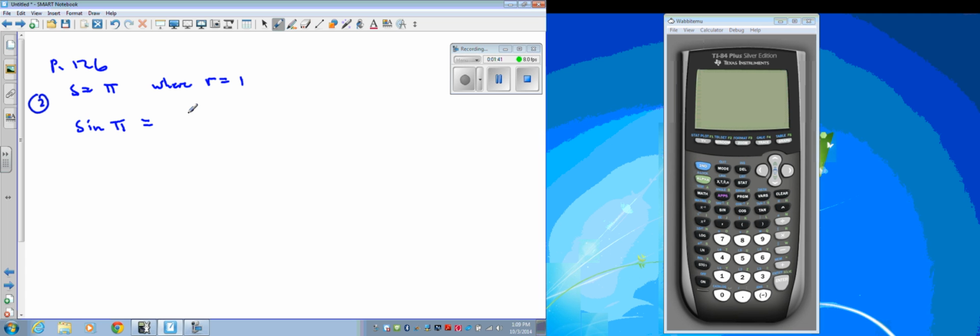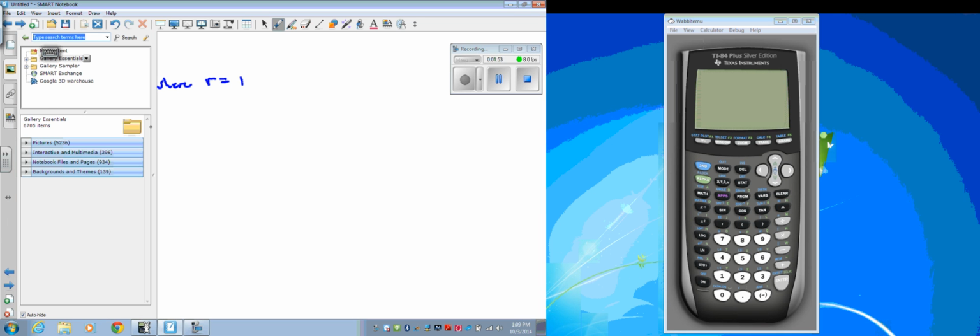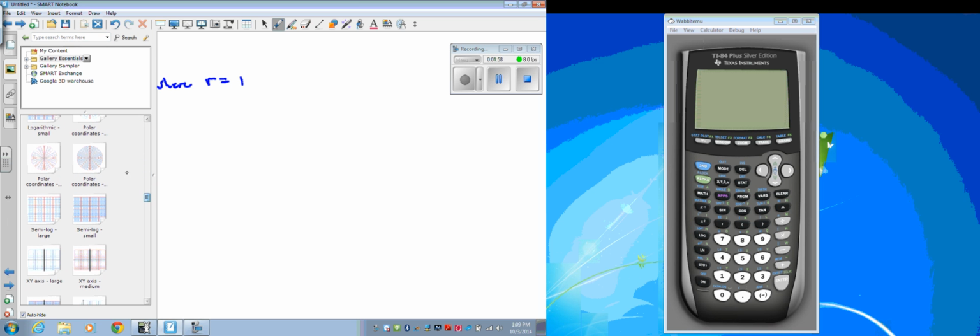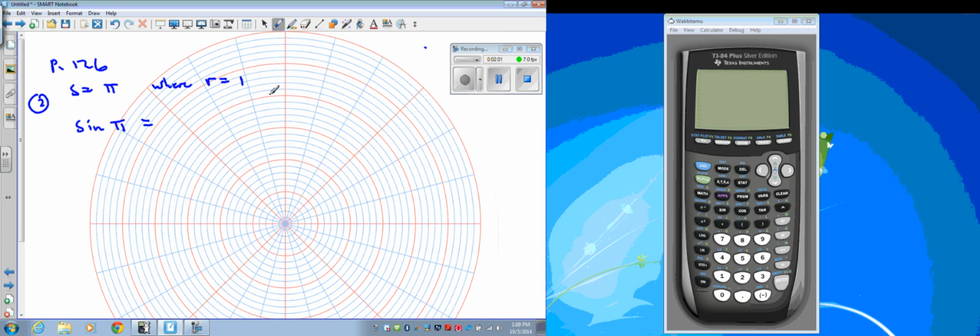Remember, pi is 180 degrees equivalent. So this particular one, that's pi. Or if it's on the unit circle, it's that arc length is what we have. The arc length is pi. So what is the sine of pi?